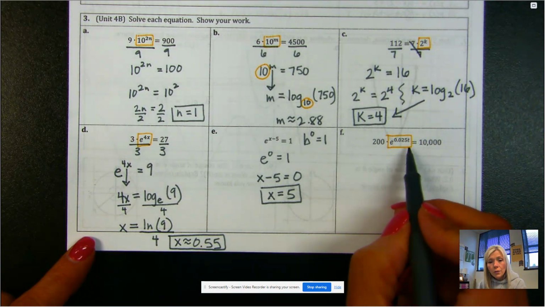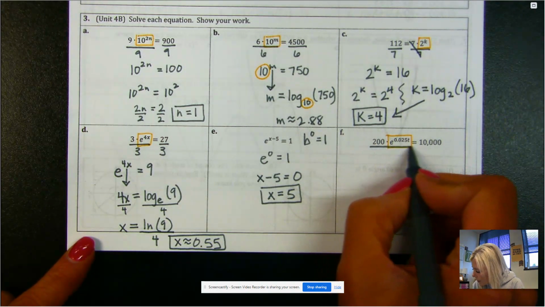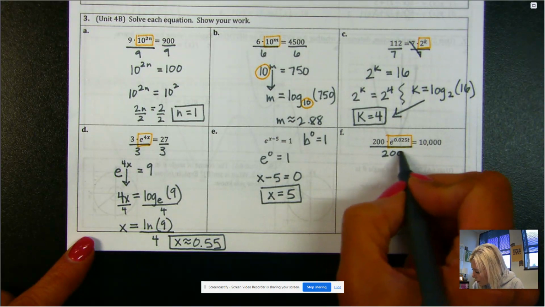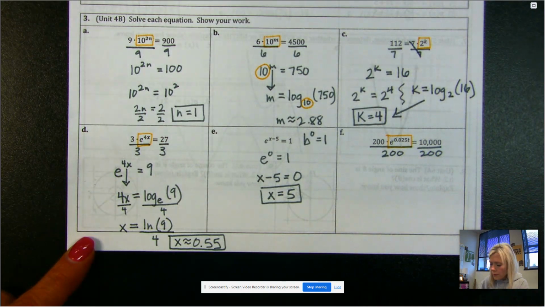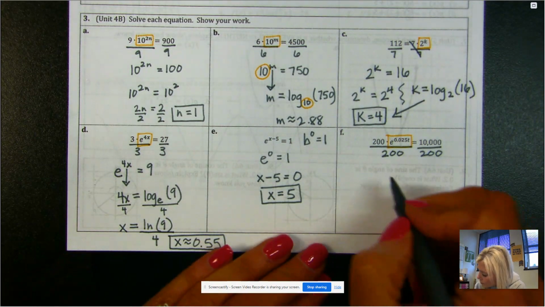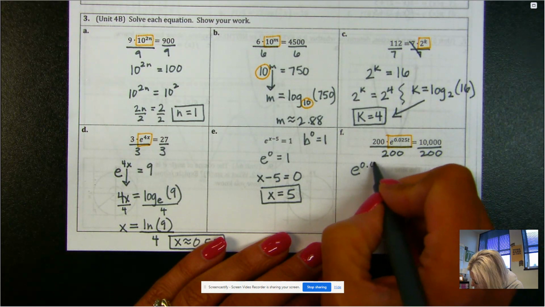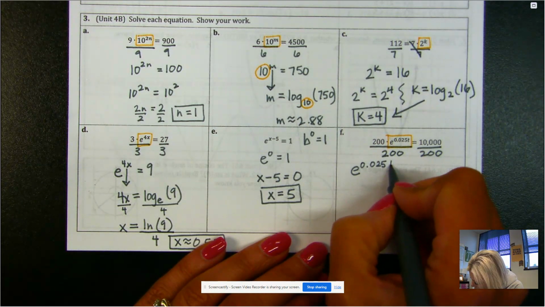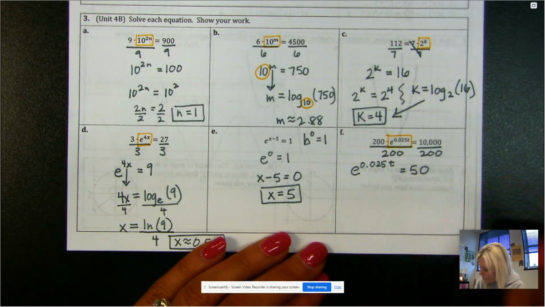So again, we have to isolate the base and exponent by dividing both sides of the equation by 200. And 10,000 divided by 200 is 50. So e to the 0.025t is equal to 50.